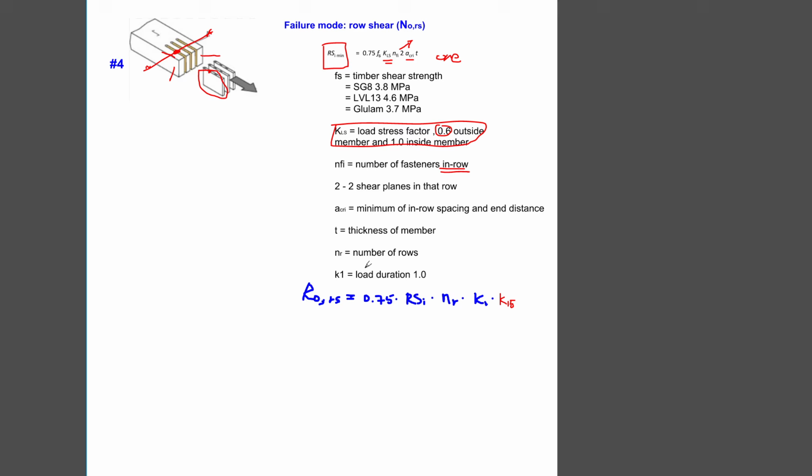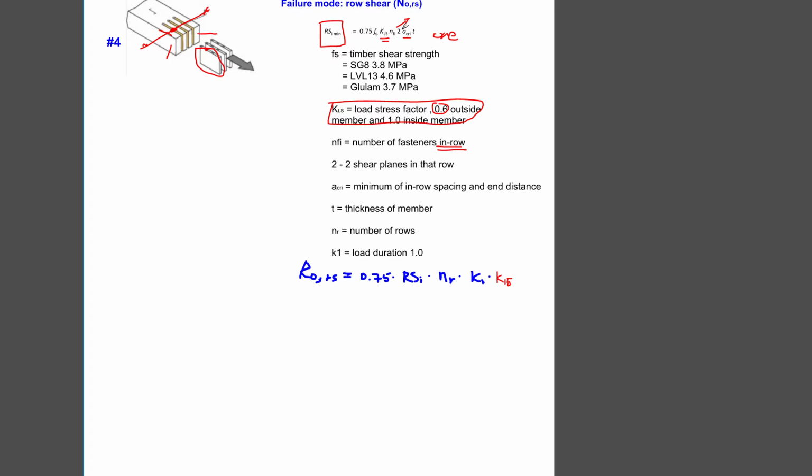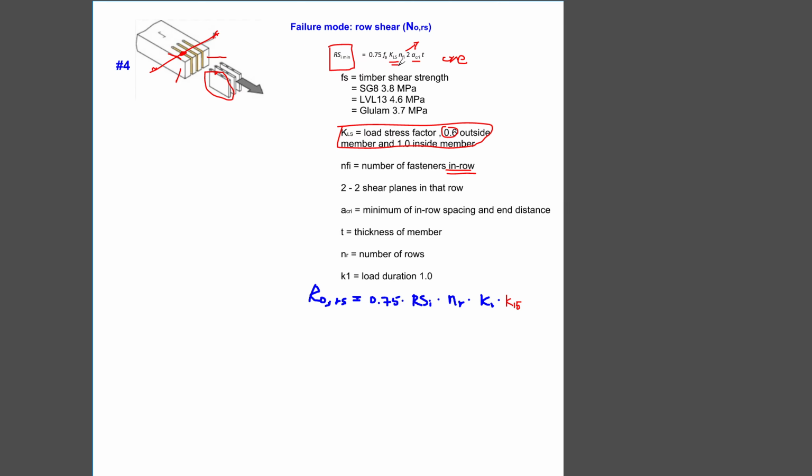And next, once you've got all these numbers in, we can just plug them in and we get our RSI value here for 1 row only. Then we substitute the number of rows factor over here, which is how many rows you have to resist the shear, because more rows are going to have more resistance.